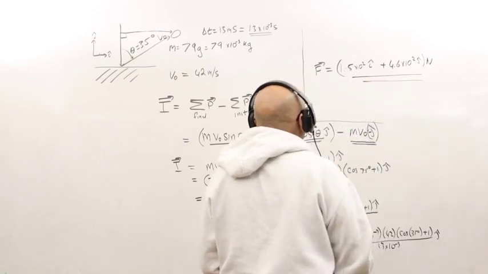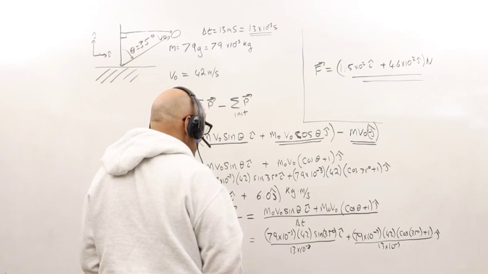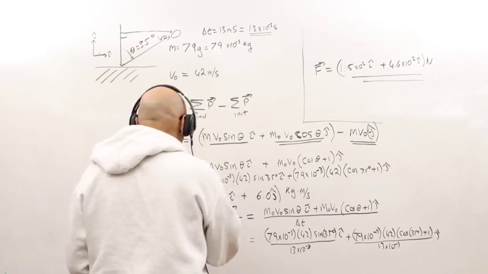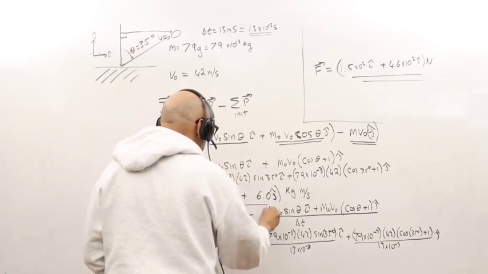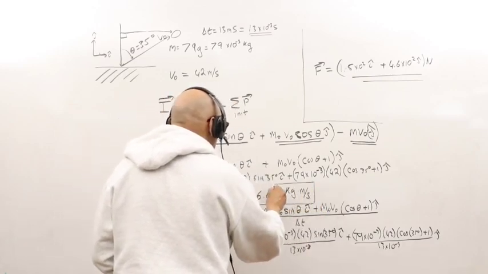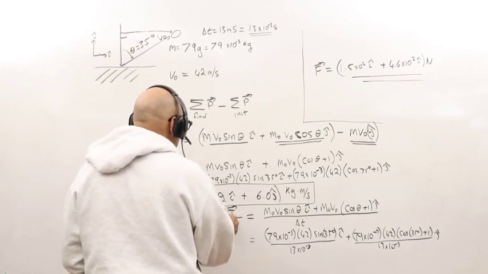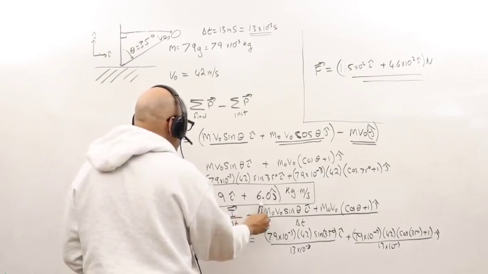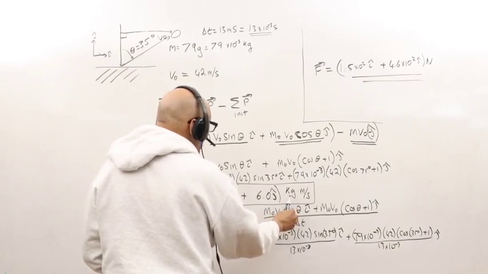So where's our impulse? Oh, here we go. So this is our impulse: 1.9 i hat plus 6.0 j hat, kilogram meters per second or newton seconds.